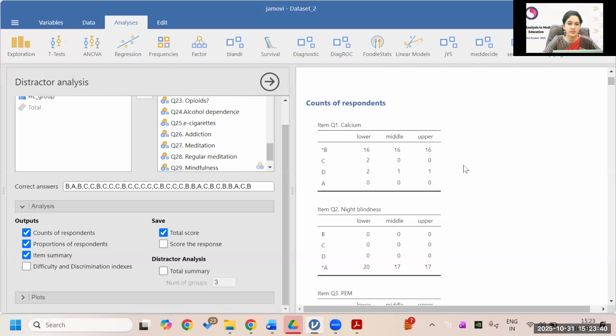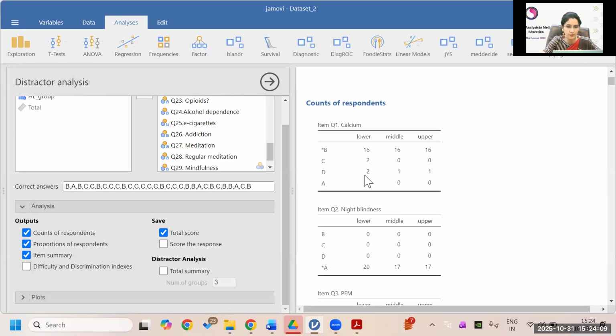So you don't have to give this as an output if you are doing it for a paper publication, or if you are keeping this as an item question bank also, then these counts and proportion of respondent are not necessary. That is the background using which it calculates the distractor index, or the discrimination index.